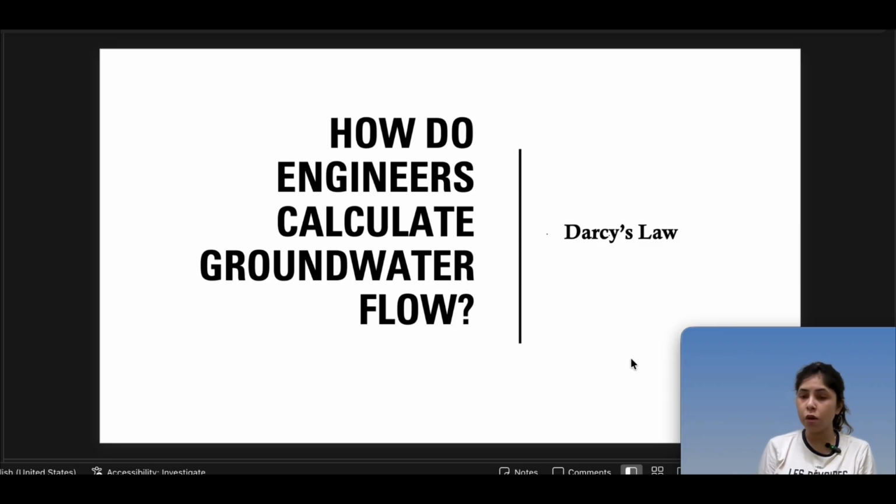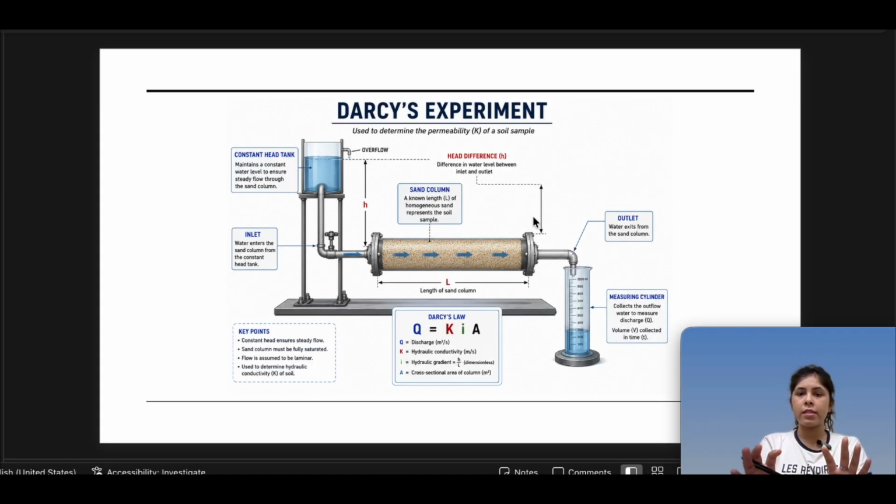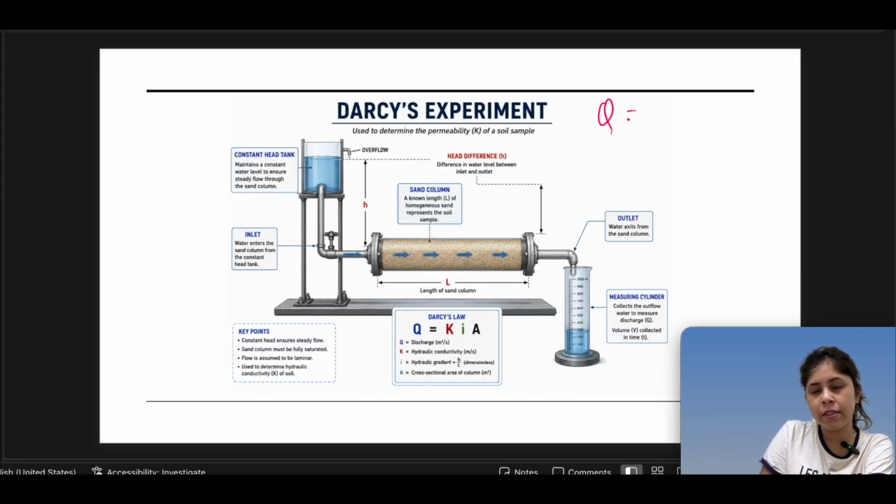But how to calculate the groundwater flow? That comes with the answer of Darcy's law. So what's Darcy's law? Darcy set up this experiment, and the formula is Q equals KiA, where K is the hydraulic conductivity and Q is the flow rate.